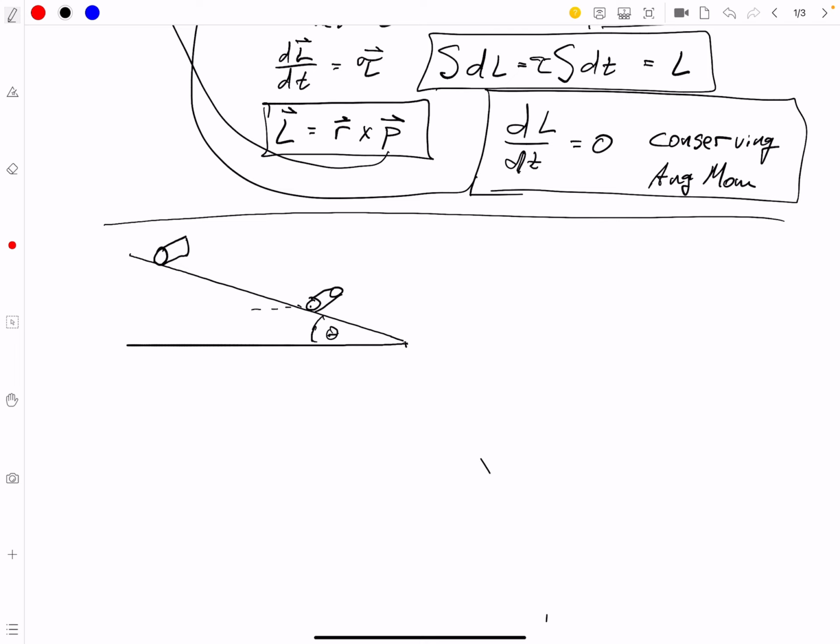We got from this height down to that height, and we wanted to know what the V final was. Our V initial was 0. And we did this neat thing where we used the conservation of energy.